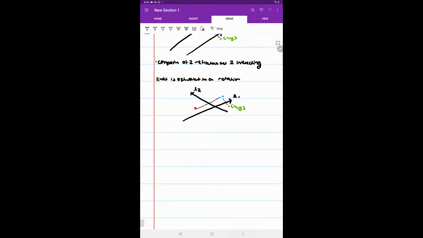But if I wanted to get from the green to the red, I could just rotate it, and the rotation would be centered at the point of intersection.